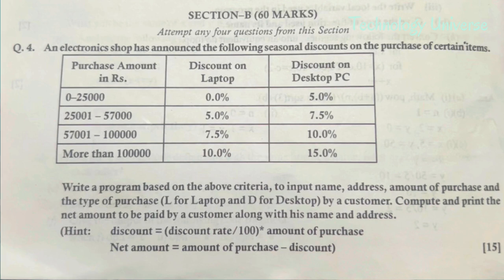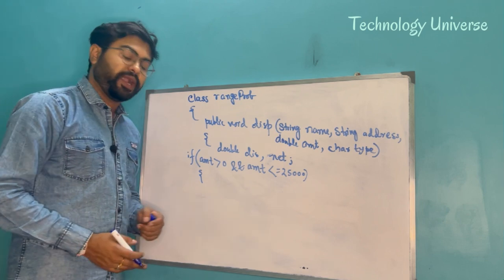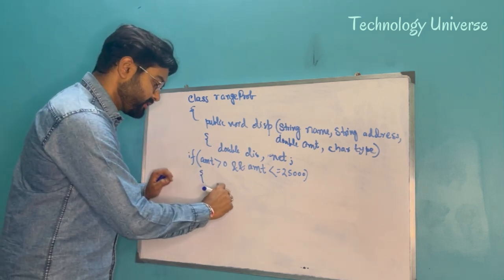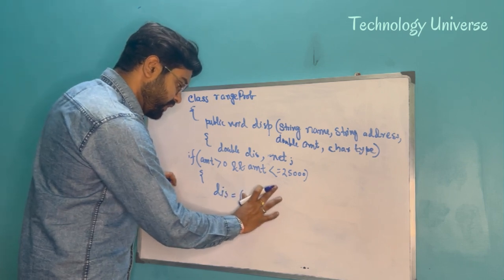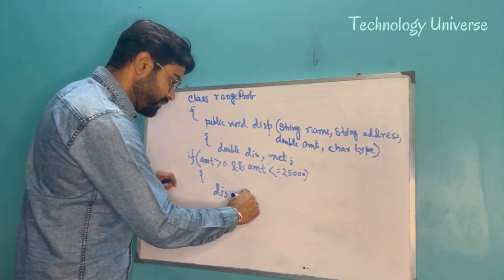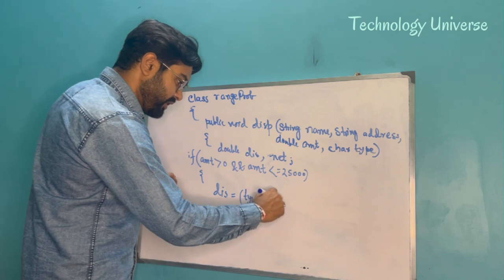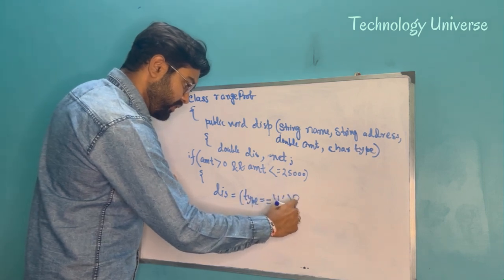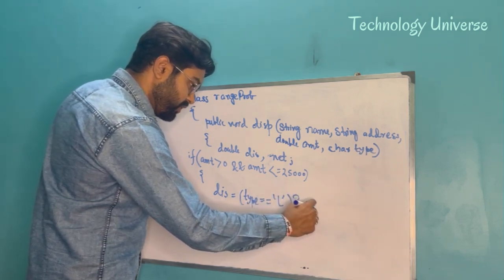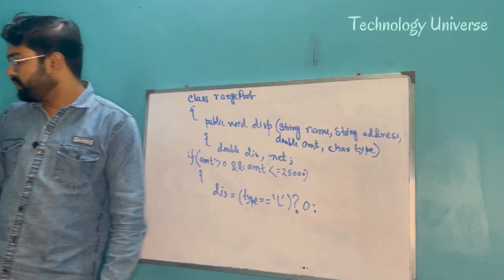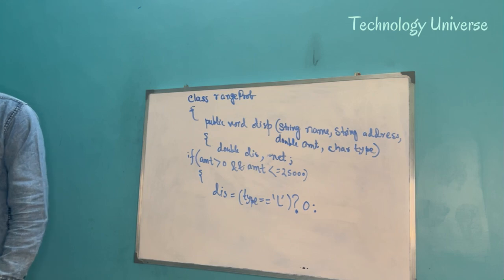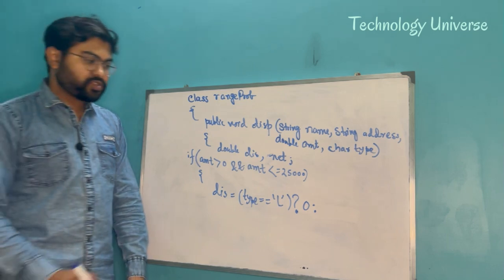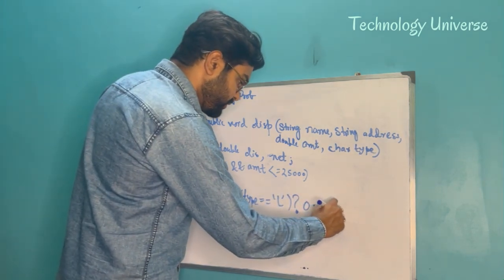So what I would suggest is that you use a ternary operator here, like this. For the discount, if the type, the char data type we have here, is equal to L, then the discount percentage is 0. For this range 0 to 25,000, the laptop percentage is 0%. And the desktop percentage of discount is 5.0.